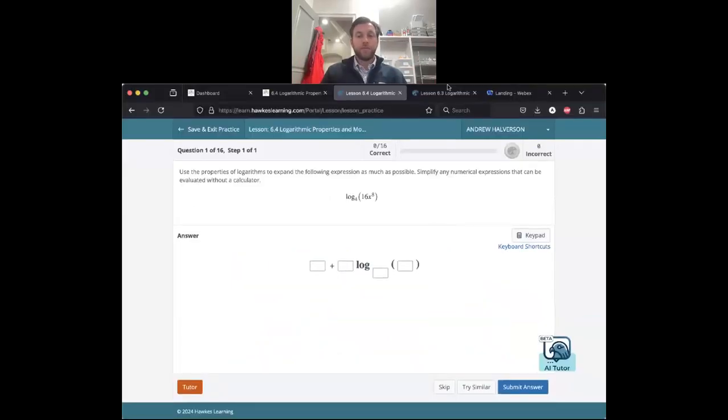Here we go. So there's a couple different properties at play. What's one property we could apply? The basic ones are product rule, quotient rule, power rule. Product is when you're multiplying, quotient's when you're dividing, power rule's when you've got an exponent.